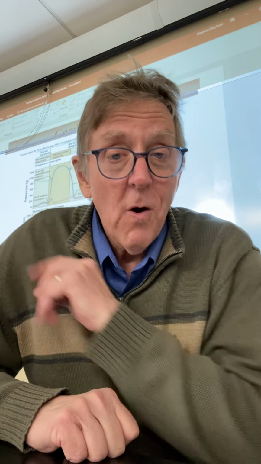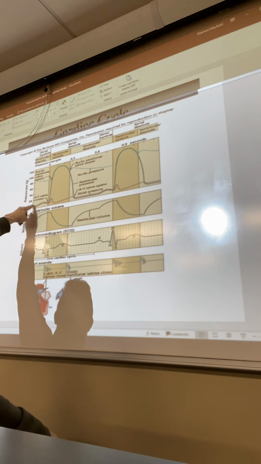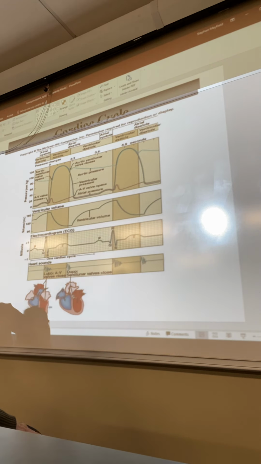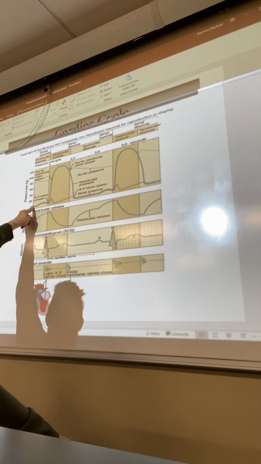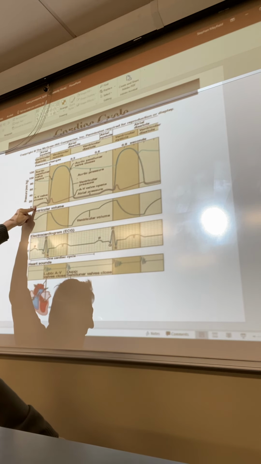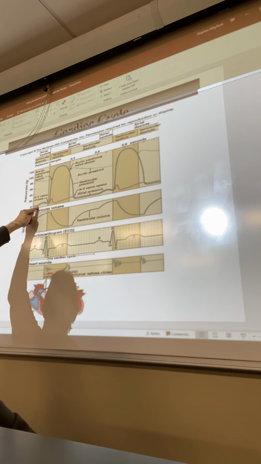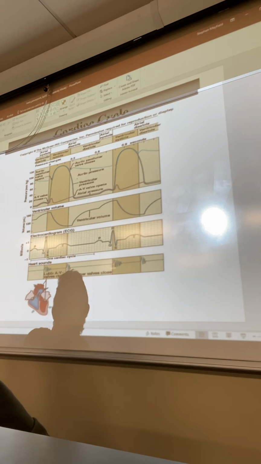So let's start out over here. Here we see the pressure of this line, this sort of low green line, and the red line. This is pressure in the ventricles and pressure in the atria.